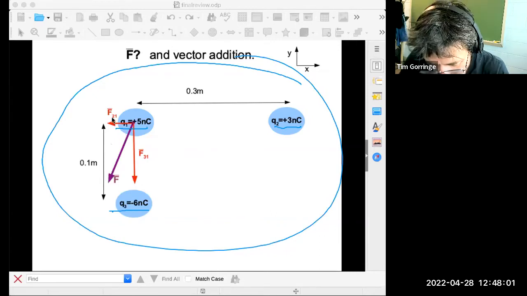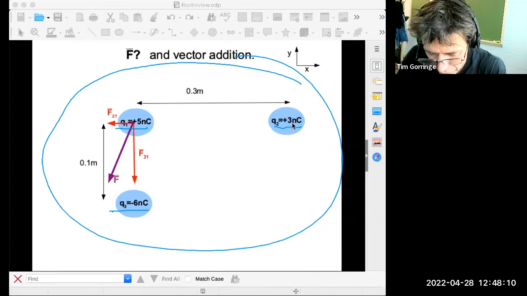And so, for example, F subscript 2,1, that's the force of the charge Q2 on the charge at the origin, Q1. And they're like-signed charges, and so that's a repulsive force. Then there's F3,1. That's the force on the charge at the origin due to the charge Q3 below. And they're opposite sign charges, and so that's an attractive force.